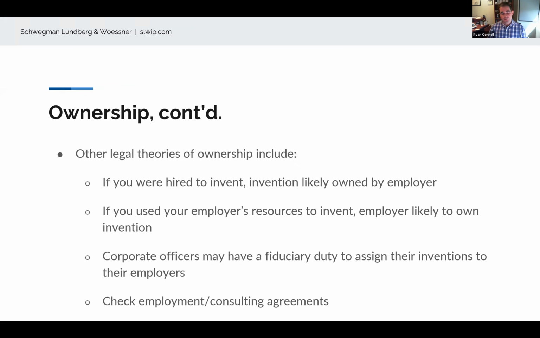At the end of the day, though, if you are an officer of a company and you want to make sure that your IP that's developed with your company is protected, or you're an employee, just make sure to check your employment agreements, or make sure when you're drafting these up that you account for your IP, because this can have some major consequences for how your IP assets are ultimately owned. Also, if you're a contractor or a consultant, just because you don't work for a company per se as a permanent employee, do watch your consulting agreements to see how any IP that might be generated during the course of your consultancy is divvied up.